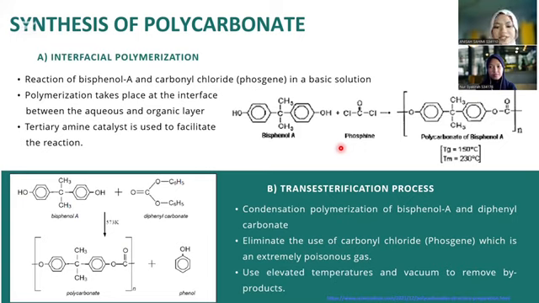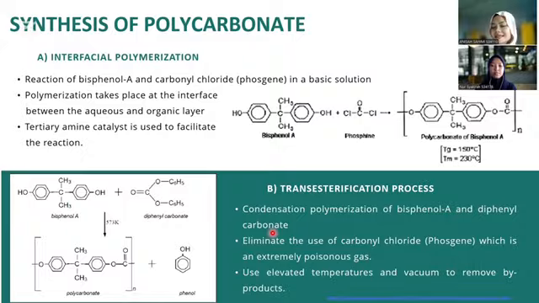So the polymerization occurs at the interface where the two layers meet. A tertiary amine catalyst is used to facilitate the reaction. The amine catalyst accelerates the polymerization by promoting the interaction between bisphenol A and phosgene.